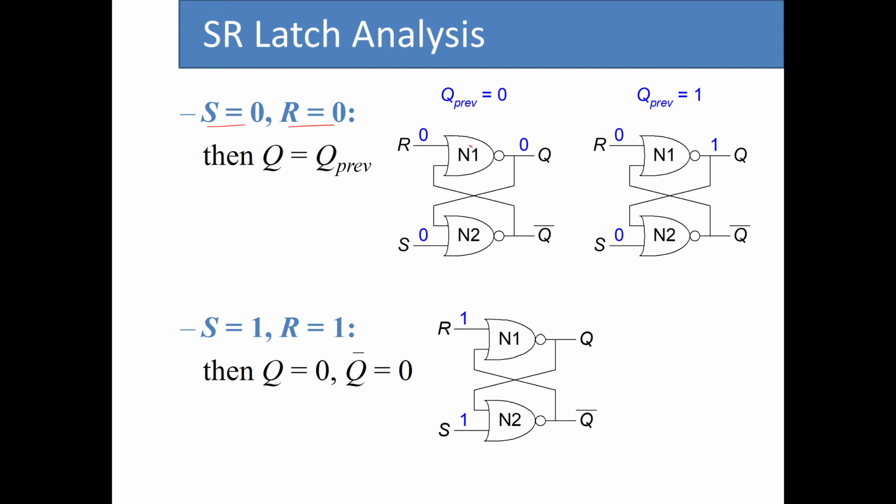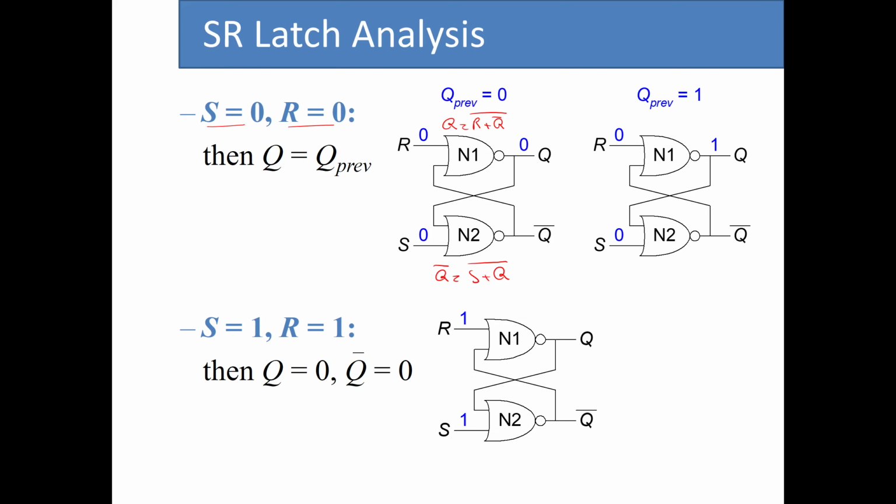If I write the function for N1, we have Q to be R NOR Q bar. And for this one, we have Q bar to be S NOR Q. So now, in these two NOR gates, we have one of their inputs to be 0, both for N1 and N2.